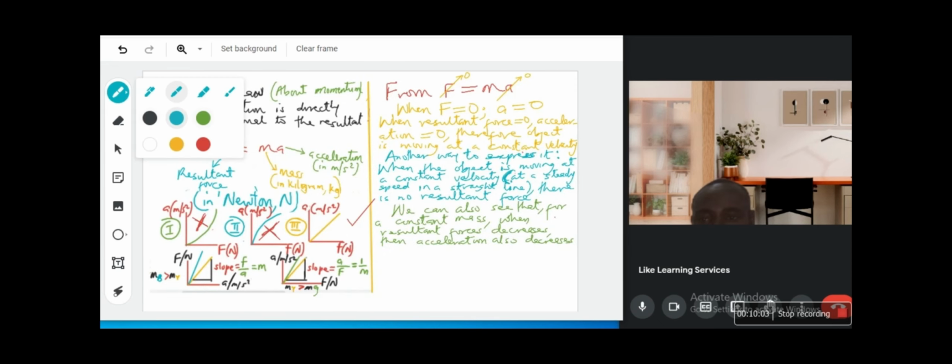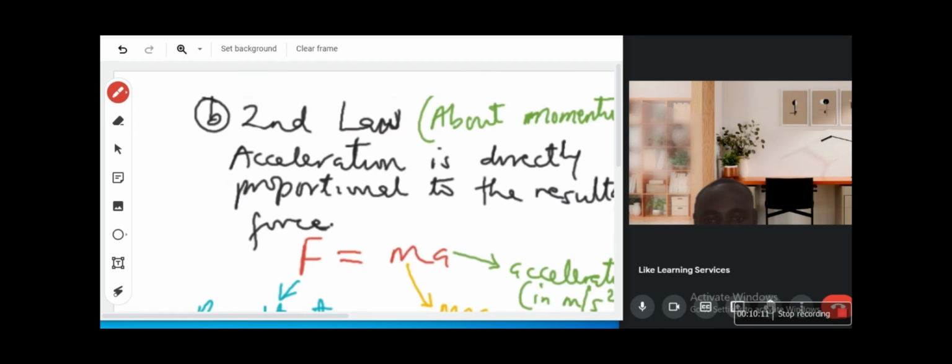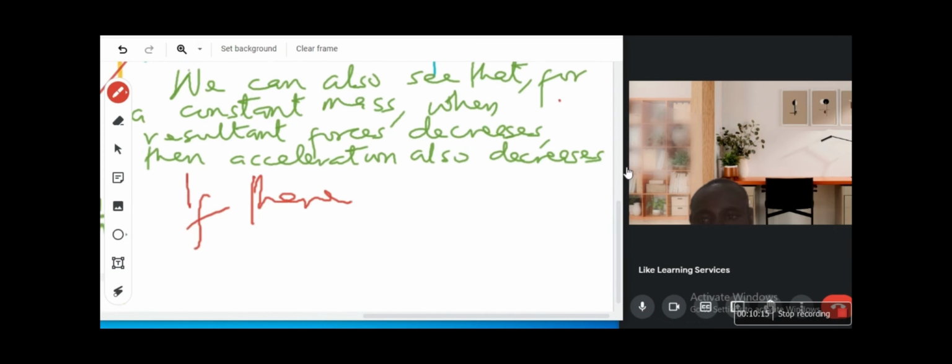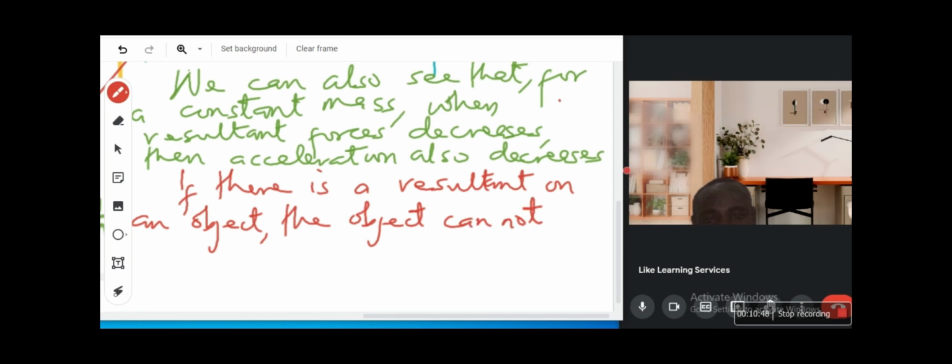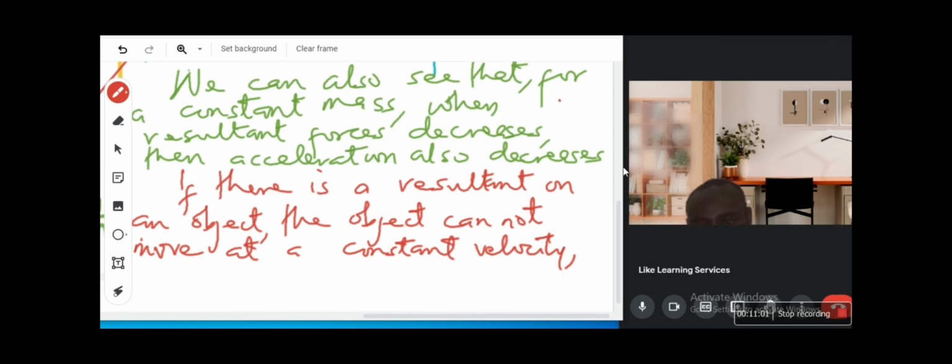I can also add that if there is an external or a resultant force on an object, the object cannot move at a constant velocity, because there must be an acceleration.